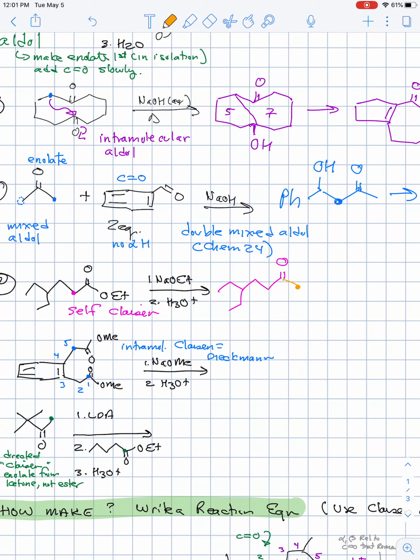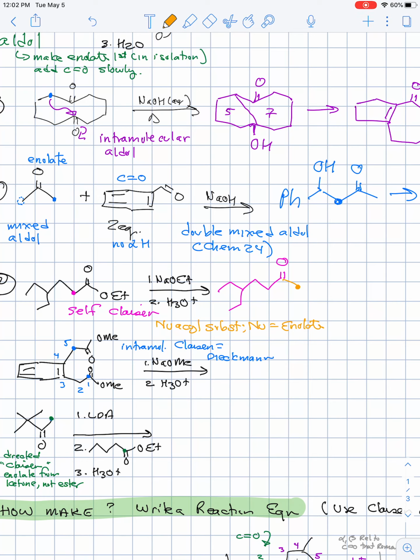So remember that the Claisen reaction is essentially just a nucleophilic acyl substitution where the nucleophile is an enolate. And so that's why the leaving group leaves. So we get really a nucleophilic acyl substitution.